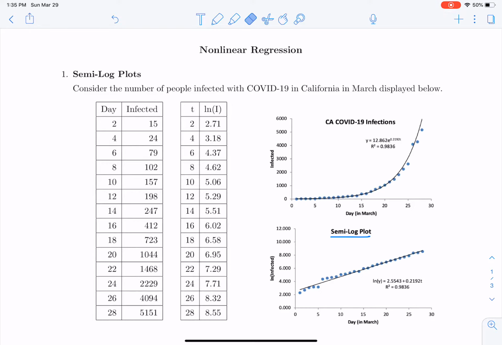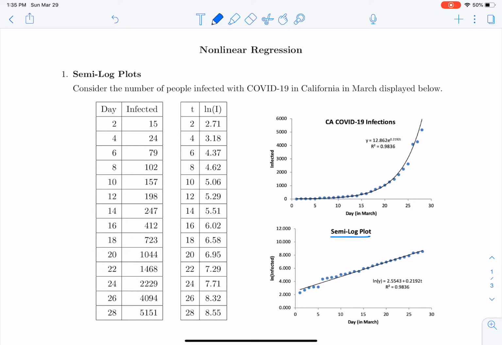A good and relevant example of this is the number of infected people with the coronavirus in California in the month of March. I've given you the data for the days in March and the number of infected people on that day, every other day, so I could fit all the data onto this worksheet more easily.